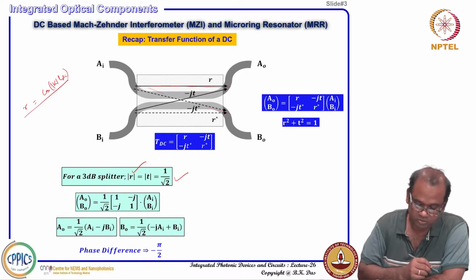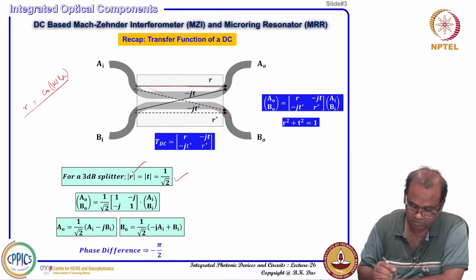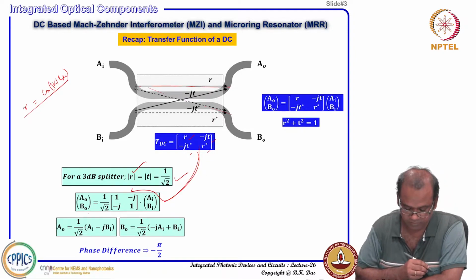If R equal to 1 over root 2 and T equal to 1 over root 2, then it will be a 3 dB power splitter, and this matrix can be written like this: 1, minus j, j, 1 with a 1 over root 2 factor everywhere. So I have taken it as a common factor.